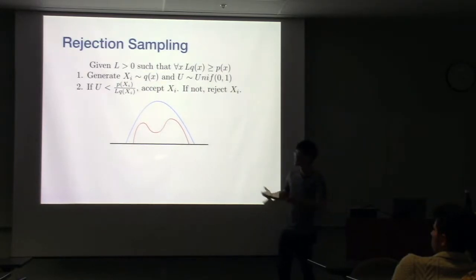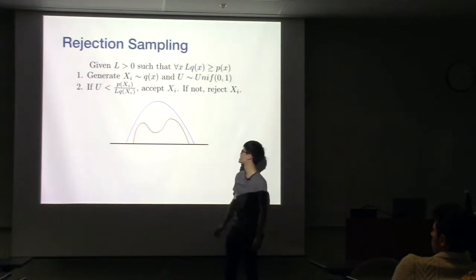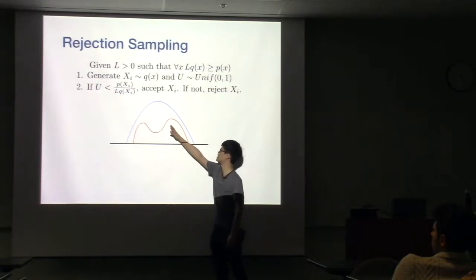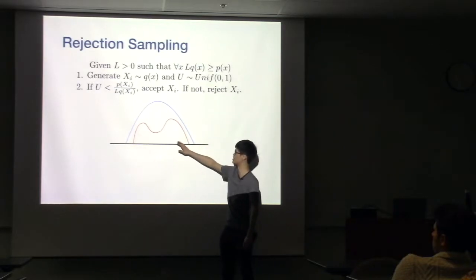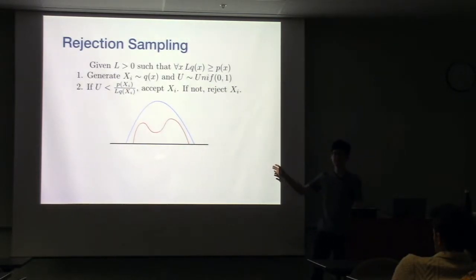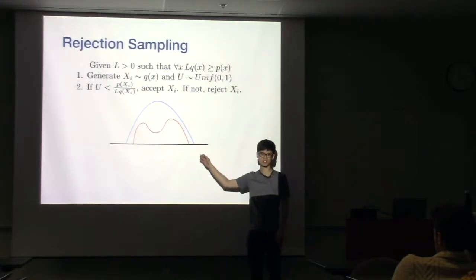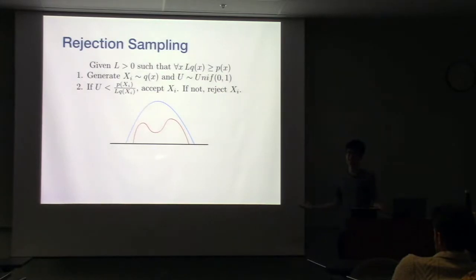The reason is, if you're sampling uniformly under here, and you consider the probability that you sample from a strip somewhere, that probability is exactly the integral of P of x between those two points. And that's, by definition, what the correct probability is.